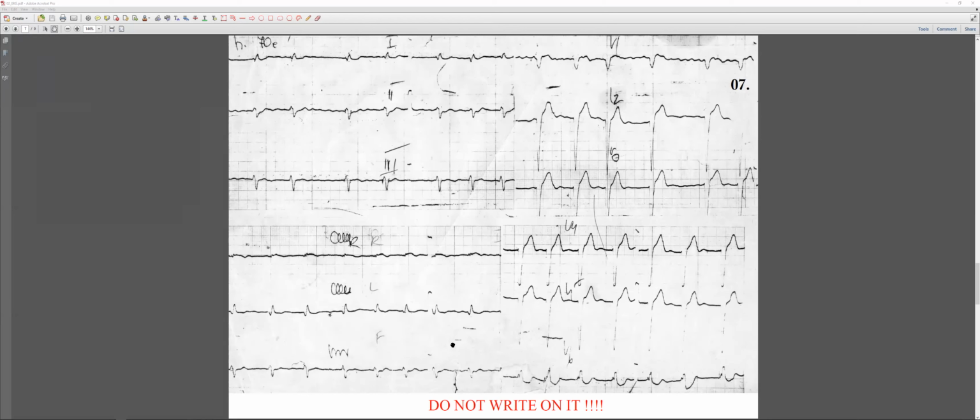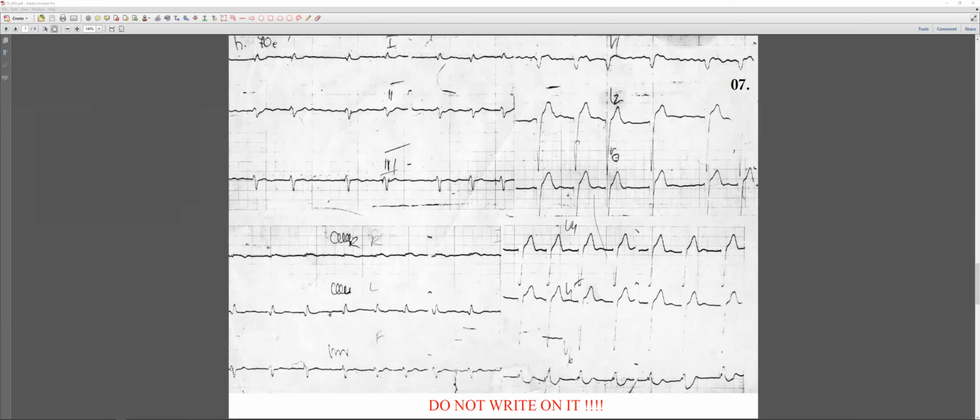So, left? Yeah, that's a left one. Yes, that's a left one. Another specific sign of a left bundle branch block is a QS complex in V1, V2, or the deep S in V1, V2. Oh, okay.